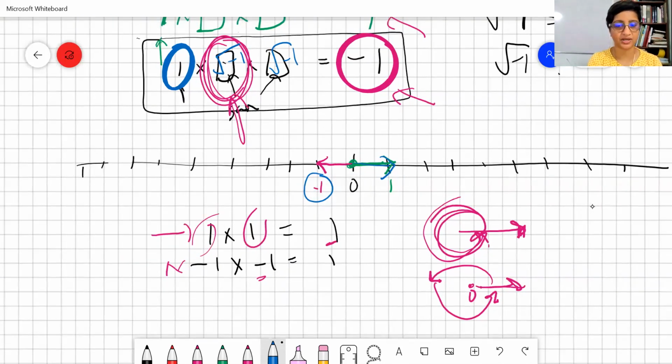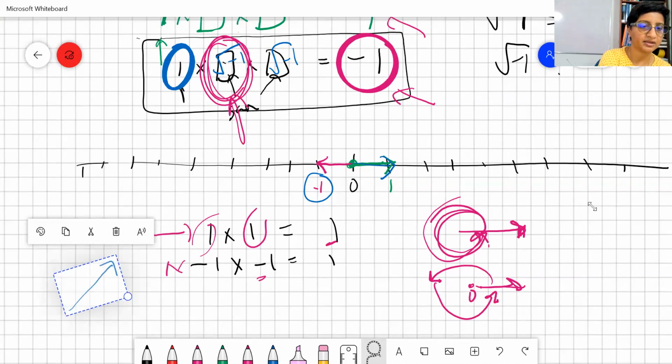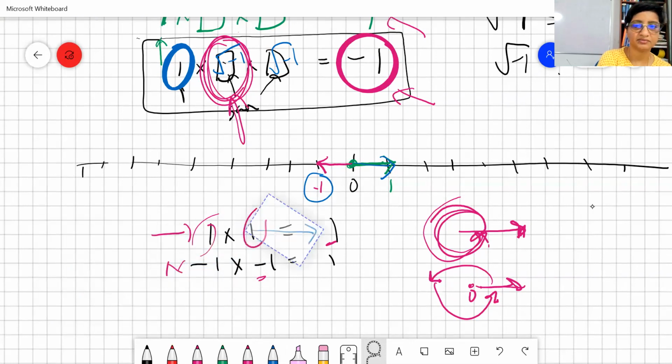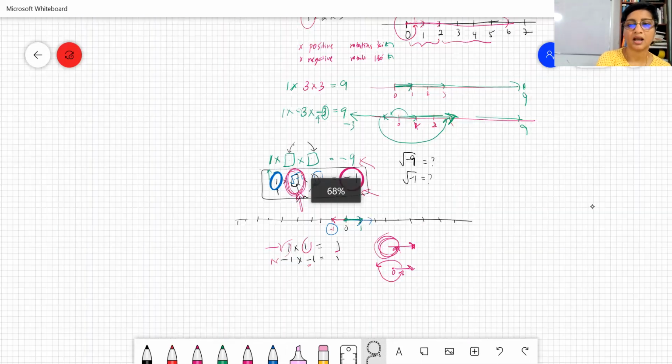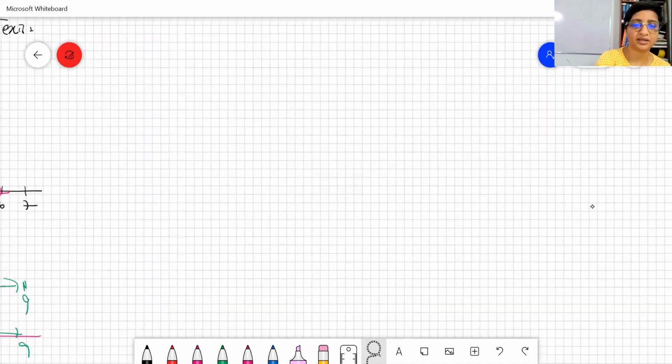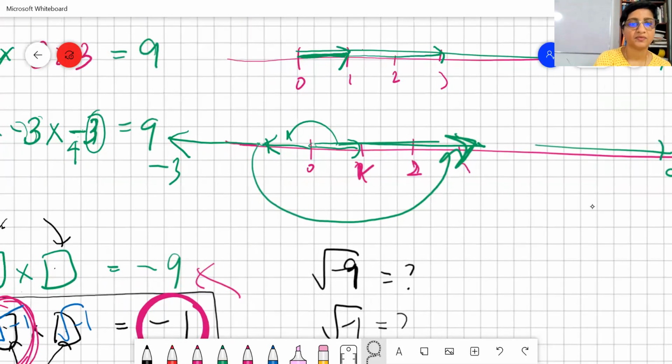I wish I could rotate stuff in this. Let's draw that. Okay, let me bring it here. What is happening? Suddenly it just gets zoomed. Where is my arrow?